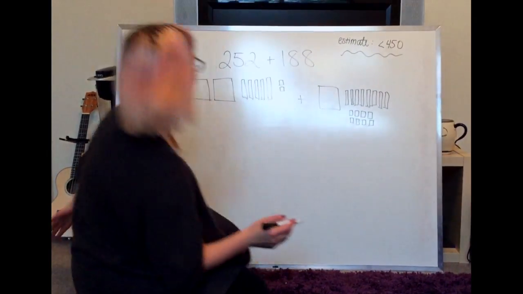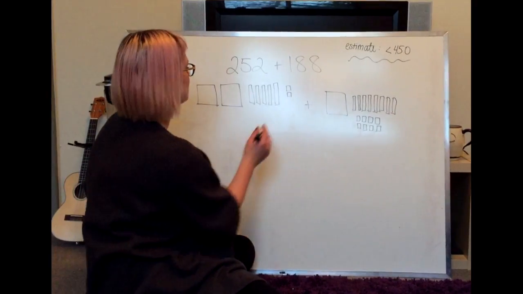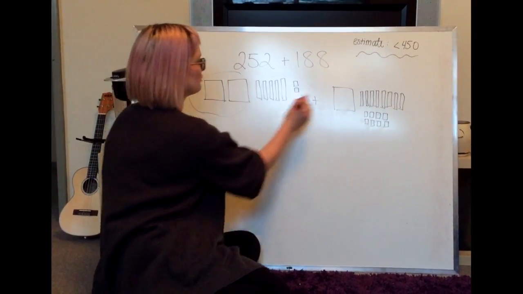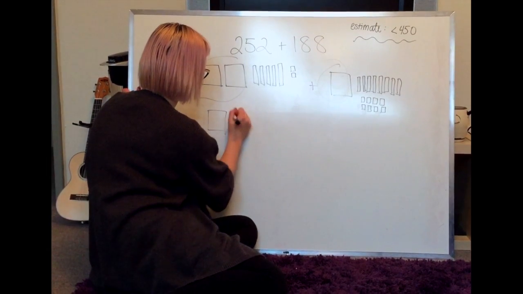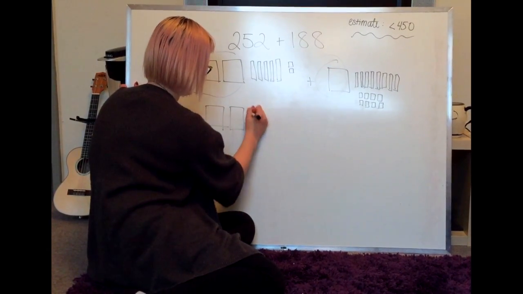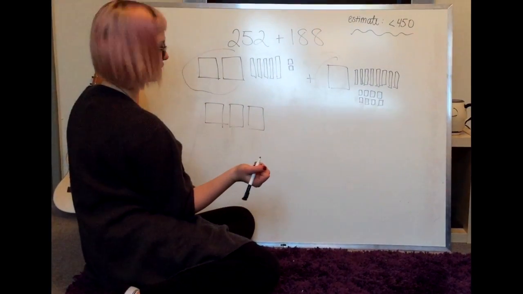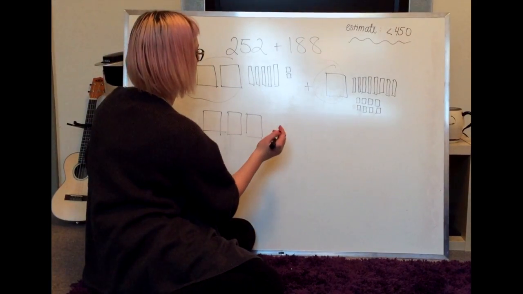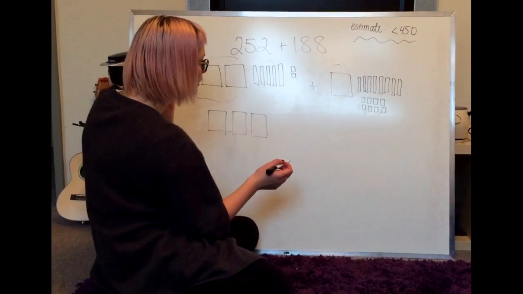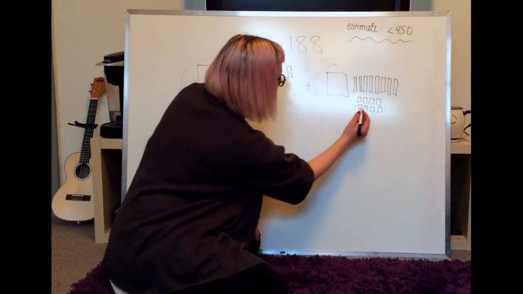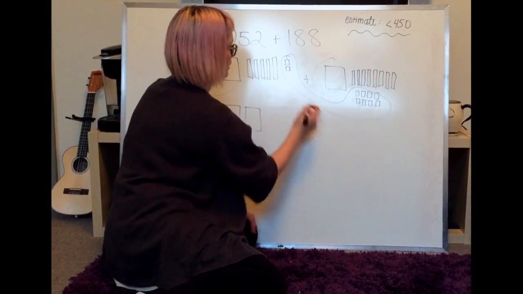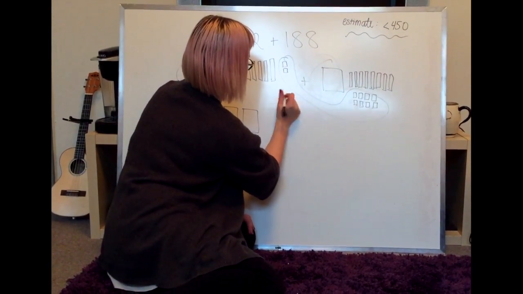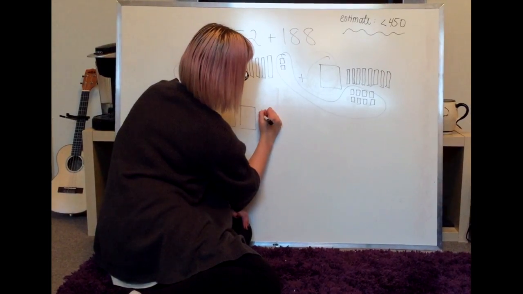Awesome. So the first thing I'm going to do is group all of my flats together. So I've got 3 flats here. So that's 300. Then I'm going to start grouping. How many have we got? We've got 8 plus 2, so I can trade those in for 1 ten rod.